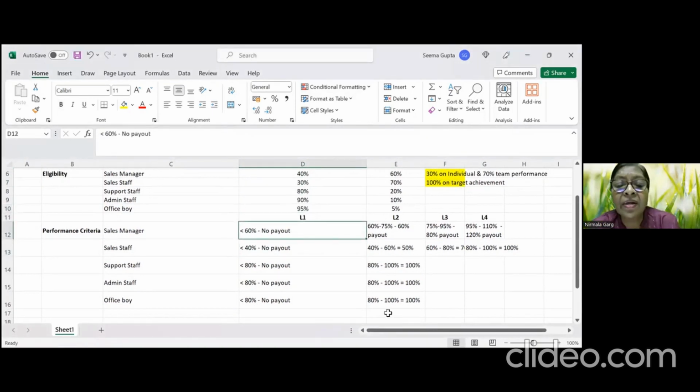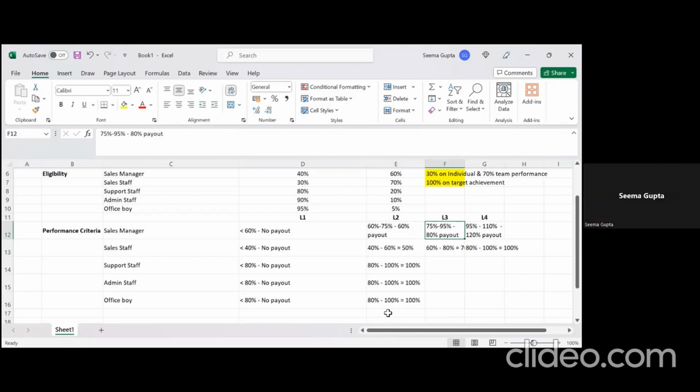Now let's look at the criteria. Okay, so you have put L1, L2, L3, L4. Anything lesser than 60%, absolutely no payout. Anything more than 60 but between 75, yes. So I'm just trying to bring that sense of, you will give this only when A, B, C, D, E, F, G, H, those things have been met.